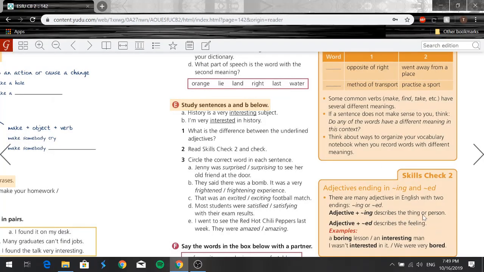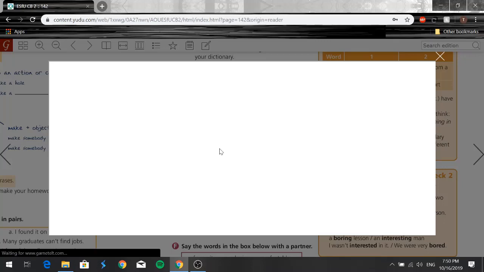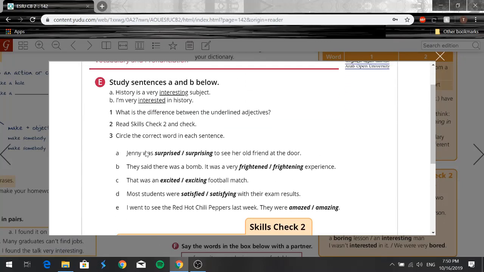So in this case, it's a thing, so it's the subject itself, right? 2, or B, I'm very interested in history. Well, here we're describing a feeling about me specifically, right? So I'm very interested. So these are the 2 different meanings.